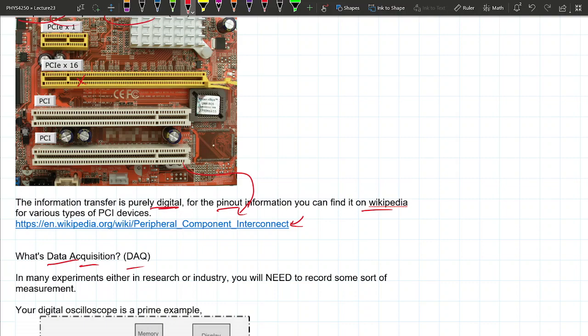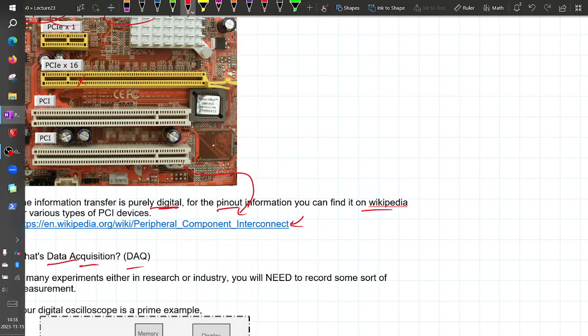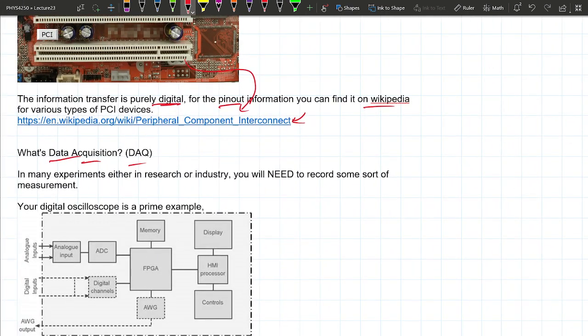In many experiments, and not just physics experiments, but also in research or industry, you're going to need to record some sort of measurement. No matter if you're working at Intel, trying to figure out the electric field at some point in your FPGA or something like that, you actually have to record that.